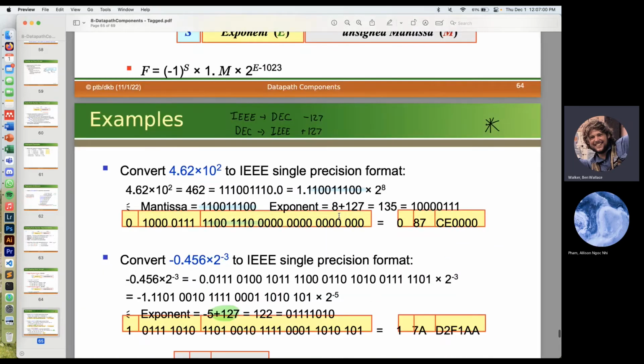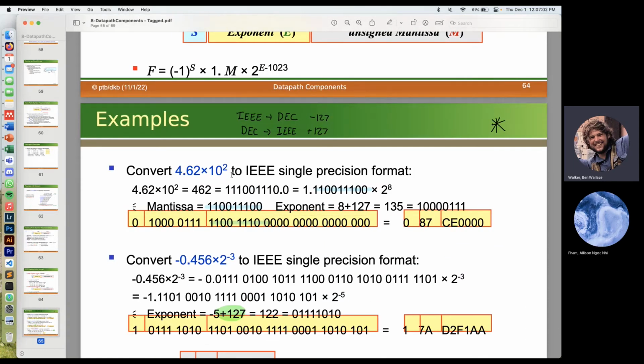But to convert from decimal to IEEE, you have to write it as a decimal string, and then you ignore the leading zero, and you get the mantissa as everything else. Then you count how many movements of the decimal point it takes you to get to replace the decimal point with the mantissa.